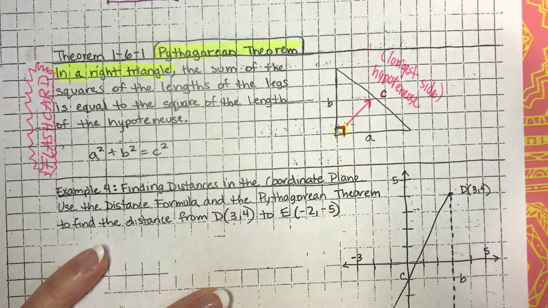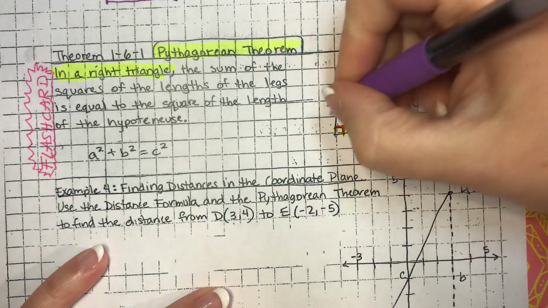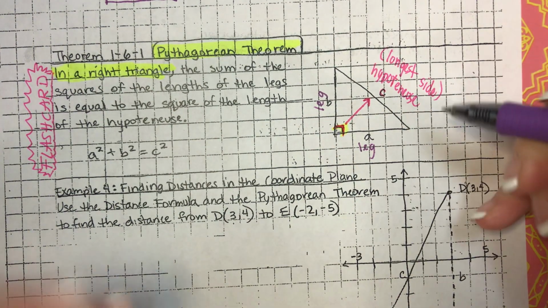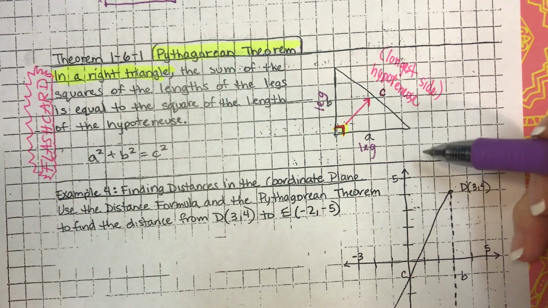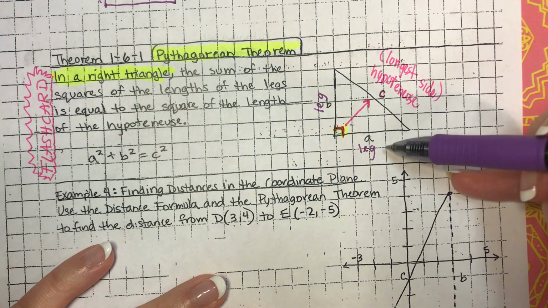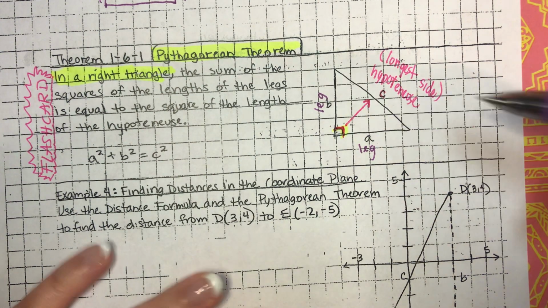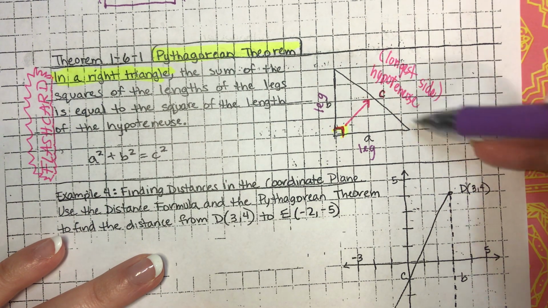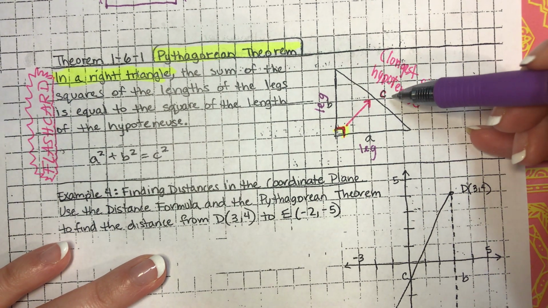So this is a leg here. Let me use a different color. This is a leg, and this is a leg. And you use the letters A and B for the legs. Now this can be A and this can be B, or the other way around. It doesn't matter what's A and what's B. The really important thing is that the hypotenuse is C.